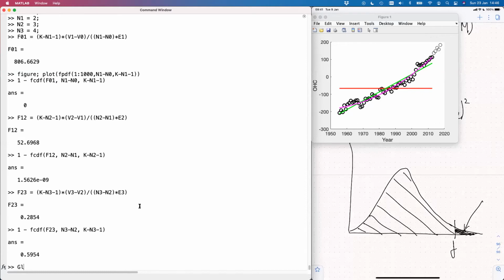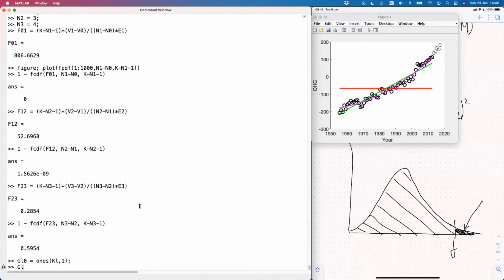So GL0 is again just going to be a single column of ones, but this time of length KL, the number of left out measurements.